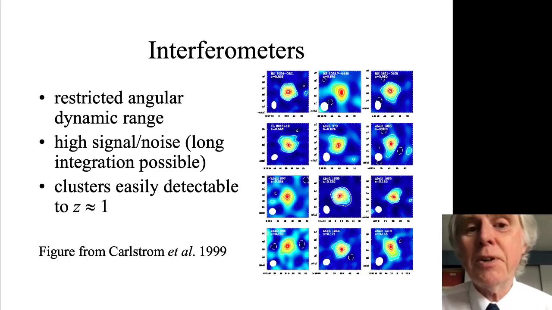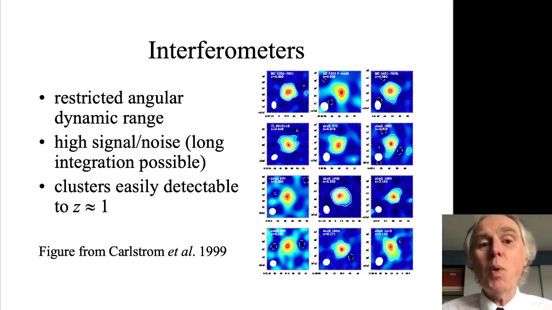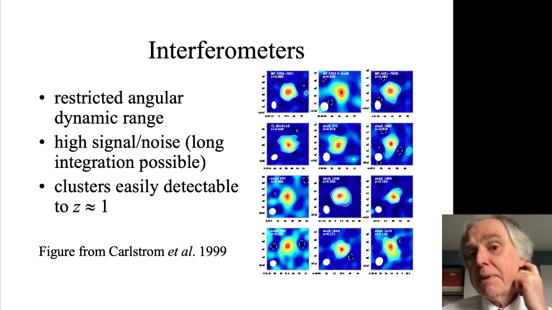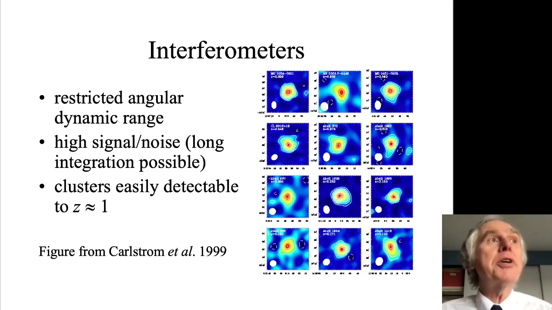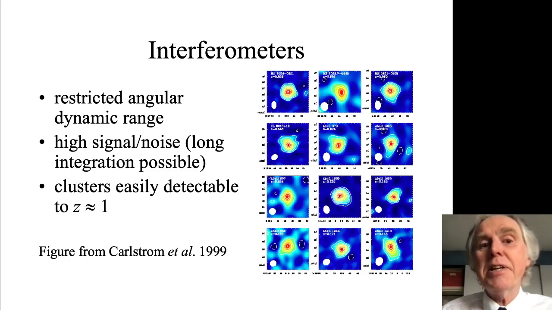Here's a series of SZ effect maps of a number of clusters ranging in redshift from about 0.2 to around 1. All of the clusters were easily detectable. That's to do with the redshift independence of the SZ effect. And interferometers are very good for pushing up integration times by just adding in multiple passes, and hence getting very high signal to noise.